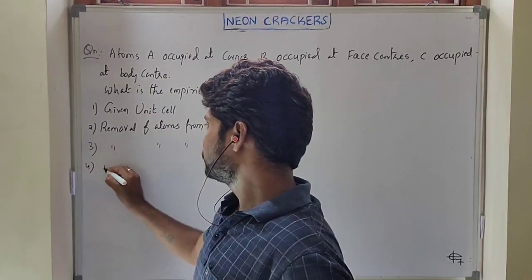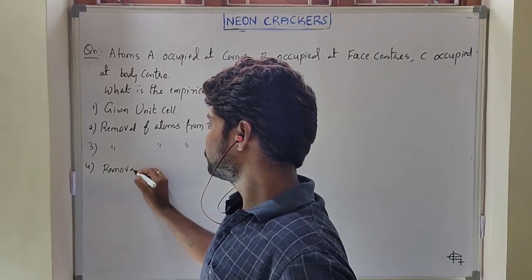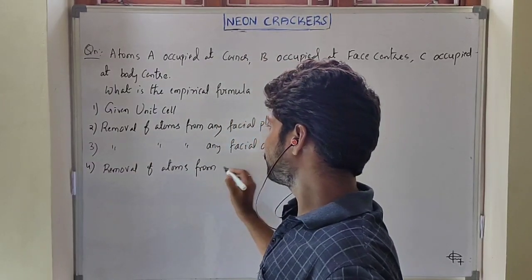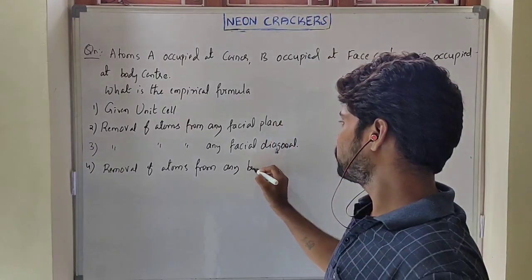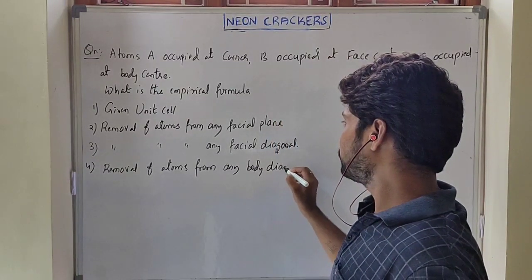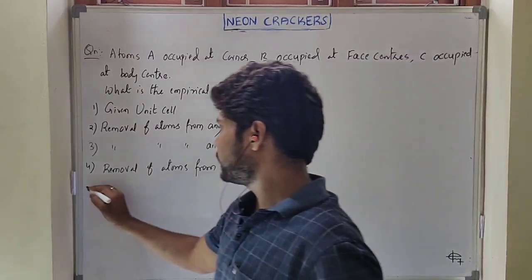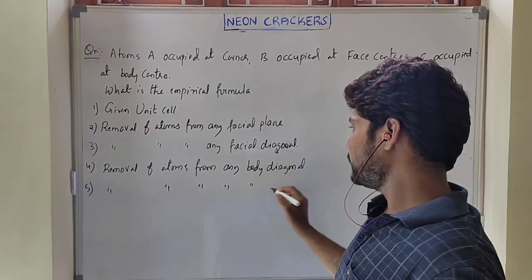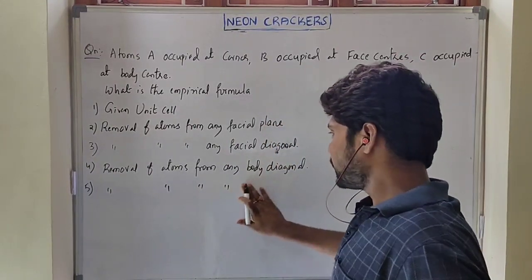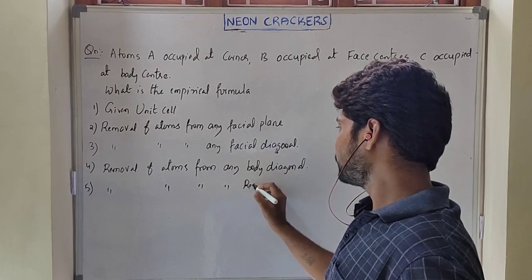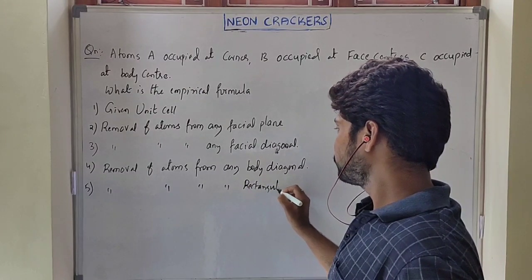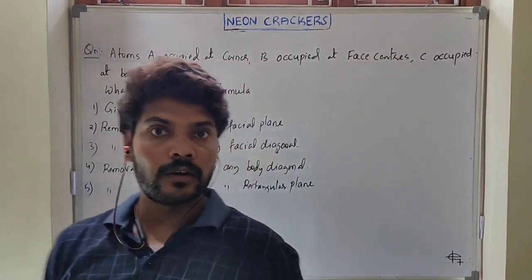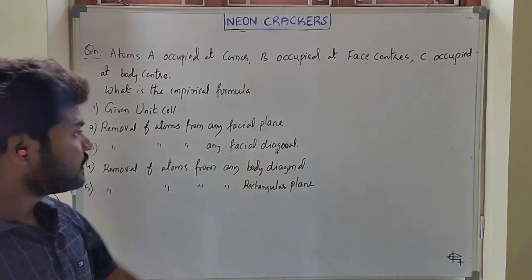And fourth condition, removal of atoms from any body diagonal. Fifth condition, removal of atoms from any rectangular plane. And what are the empirical formulas of these given 5 conditions?